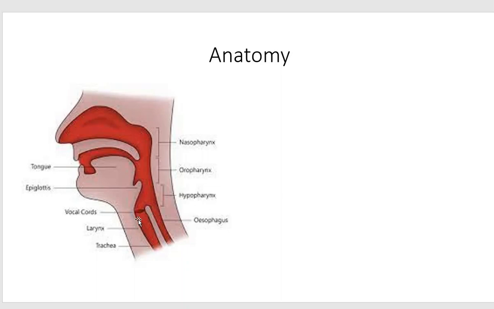You can feel the trachea on yourself if you feel in front and center of your neck, this sort of ribbed tubular structure. And then behind that there's this collapsed food tube called the esophagus, or your gullet. And that's the very rough anatomy.